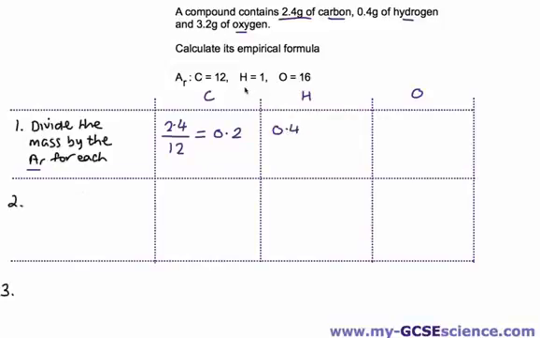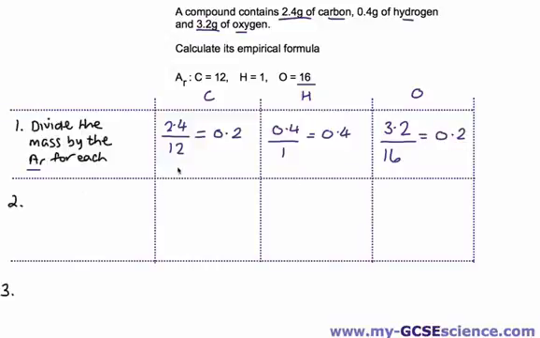The relative atomic mass for hydrogen is 1, so that's divided by 1, so we have an answer of 0.4. And for the last one, oxygen, 3.2 divided by 16. Again, that gives us 0.2.